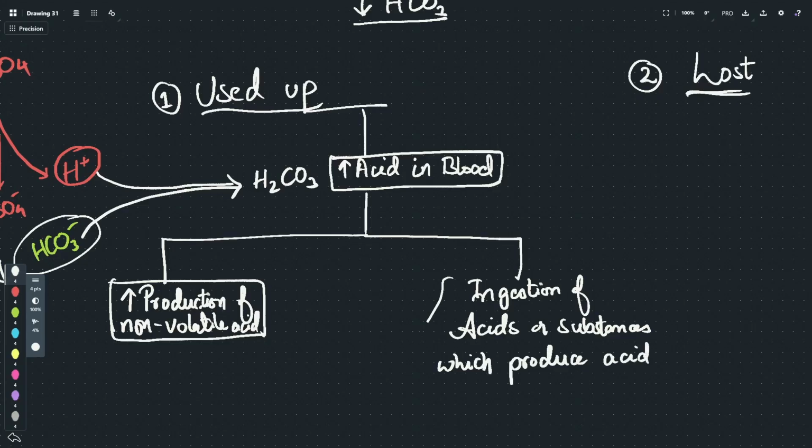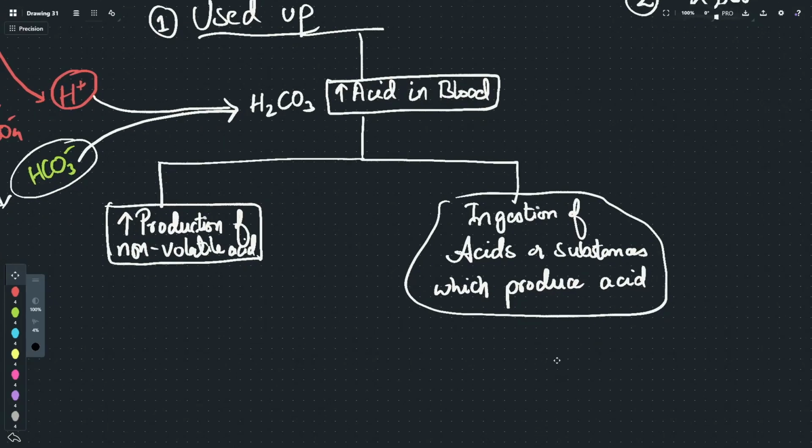So this one is relatively very simple. This is some external acid that is coming, and a common example is salicylic acid, the aspirin. Now salicylic acid is very interesting.